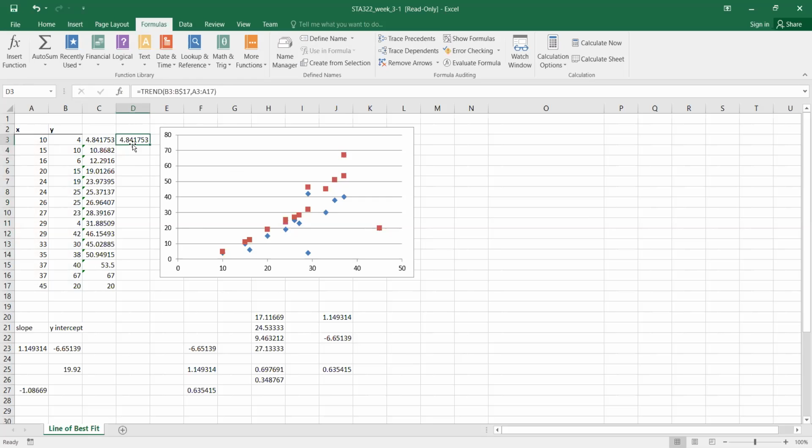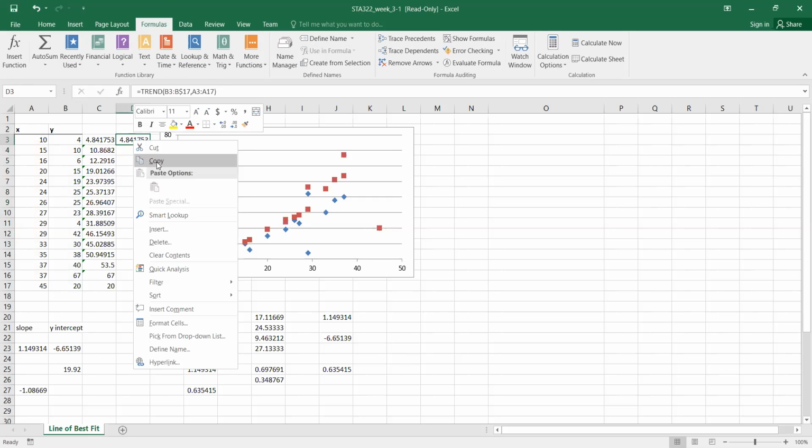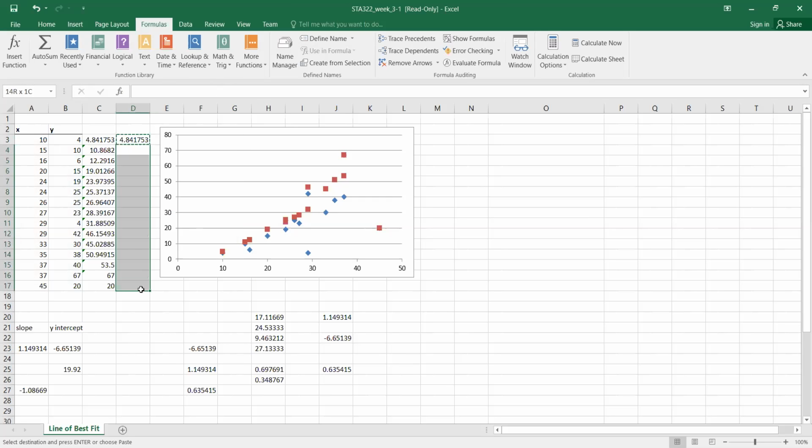So we want to copy this. And they don't like the reference. And that's probably because I moved it. All right. Anyway, that's how I did it in that column.